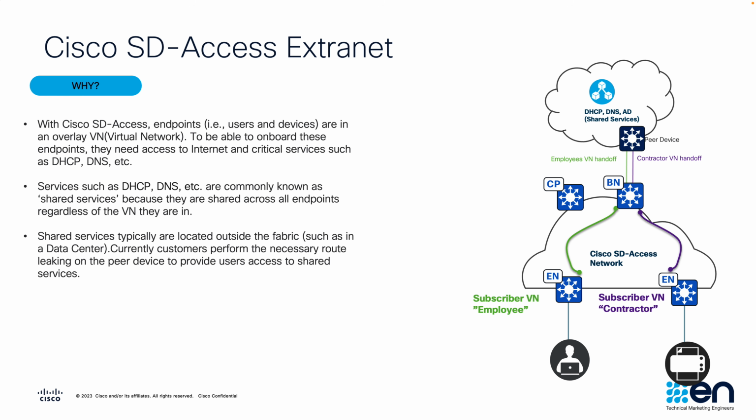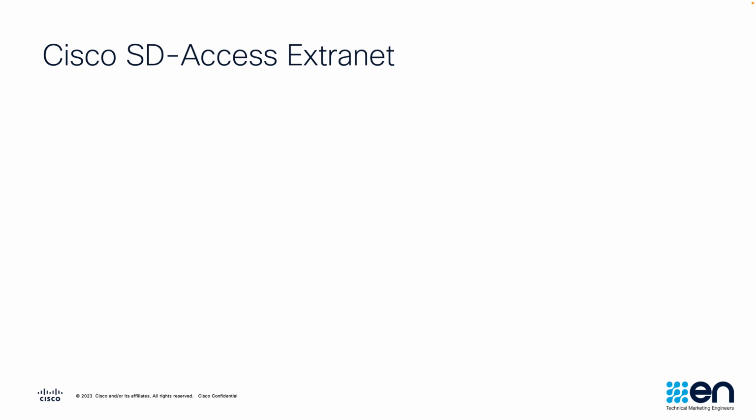Importantly, it eliminates the necessity for a peer device in these cases. This empowerment grants clients the capability to accomplish route leaking tailored to their specific requirements, all without relying on an external peer device. How is this amazing functionality achieved?